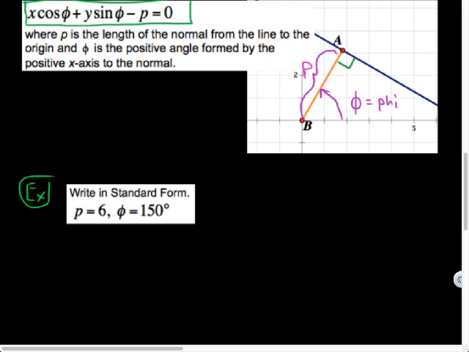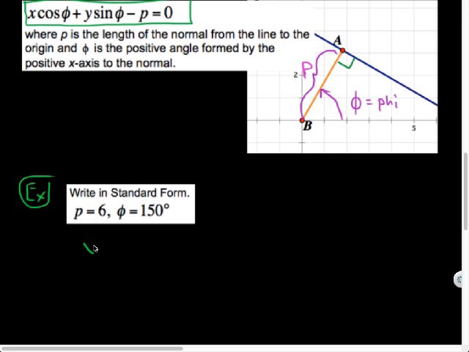So, write an equation of a line in standard form where p is equal to 6 and phi is equal to 150 degrees.